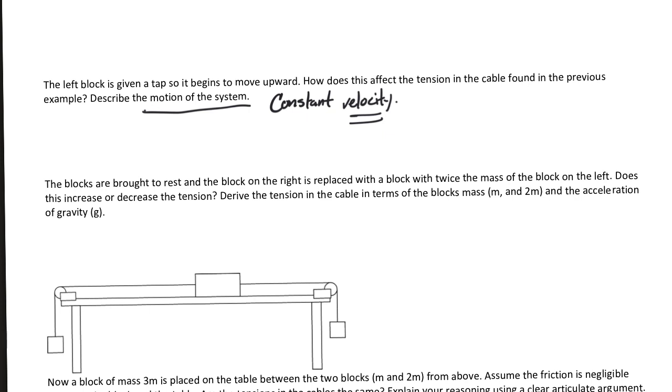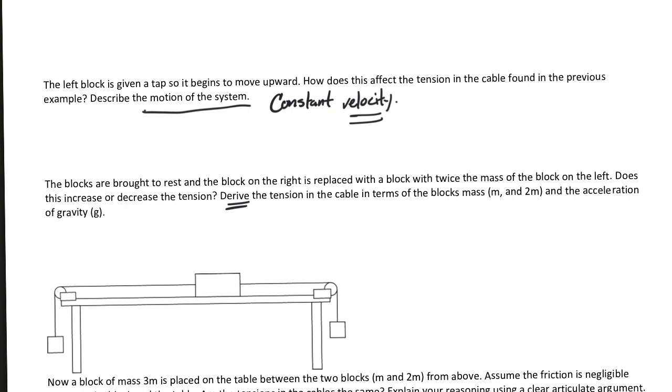This word here, derive, means that this now changes from being a problem about talking your way through the solution to a problem where you have to demonstrate from first principles what the solution is. So that's going to make a difference. I'm expecting at this point that there's going to be free body diagrams and things of that nature.